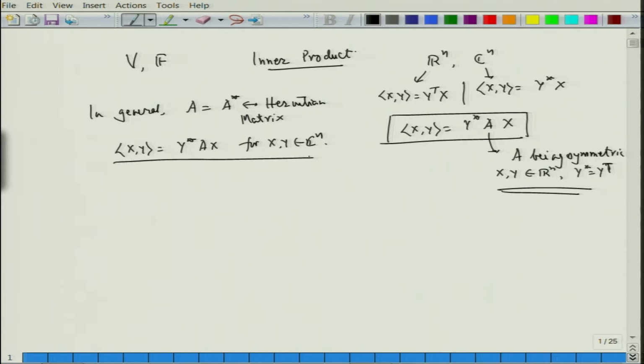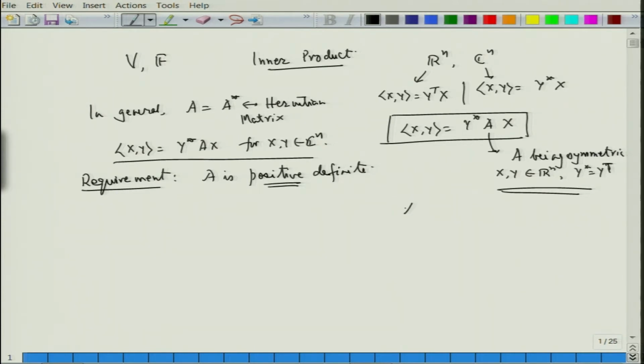There is no problem. What you require is that A is positive definite. This was the requirement.